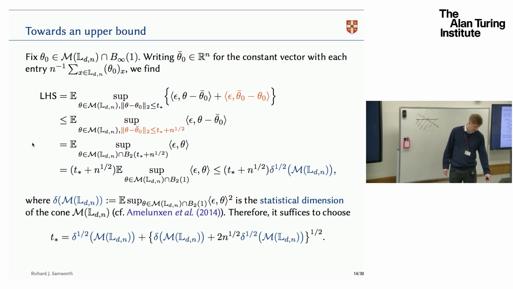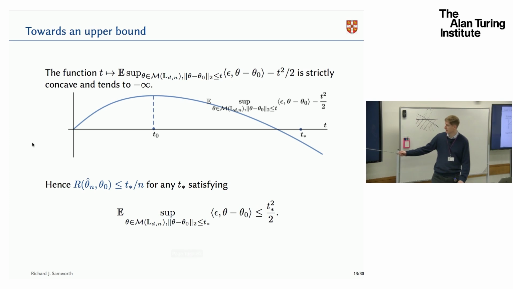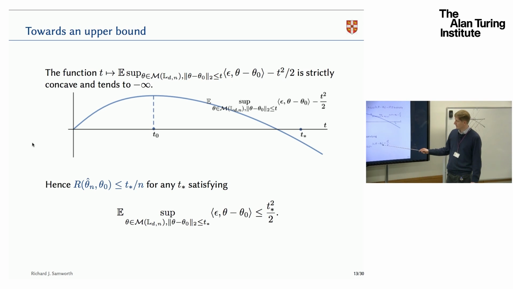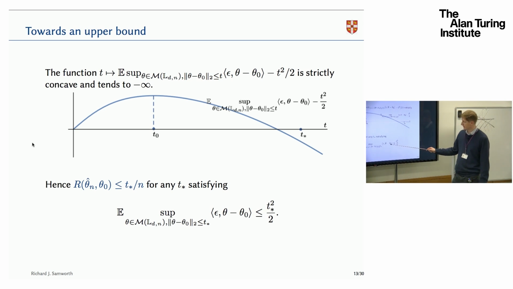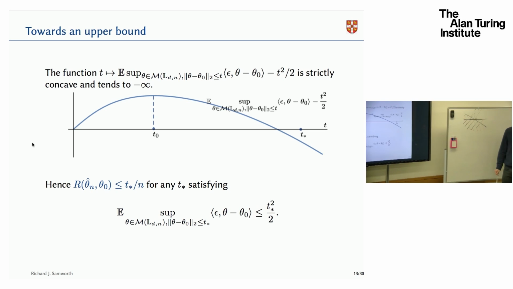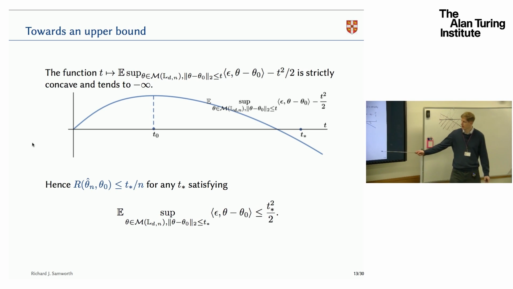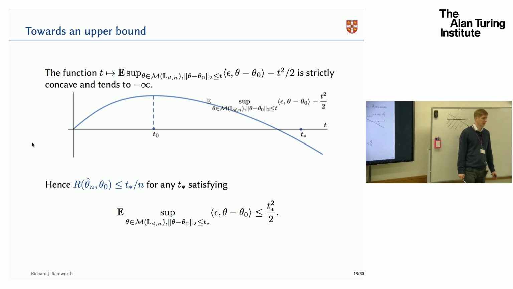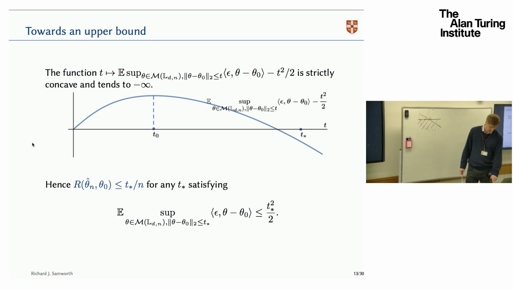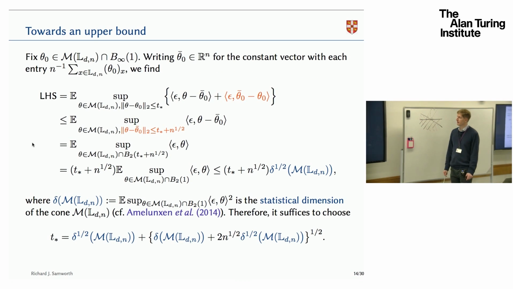And then I'm going to try to rewrite the left-hand side. I'm going to bound this left-hand side above, and then if I can find any T star that satisfies that inequality with an increased value of the left-hand side, then I'm still okay. So let's bound the left-hand side above.